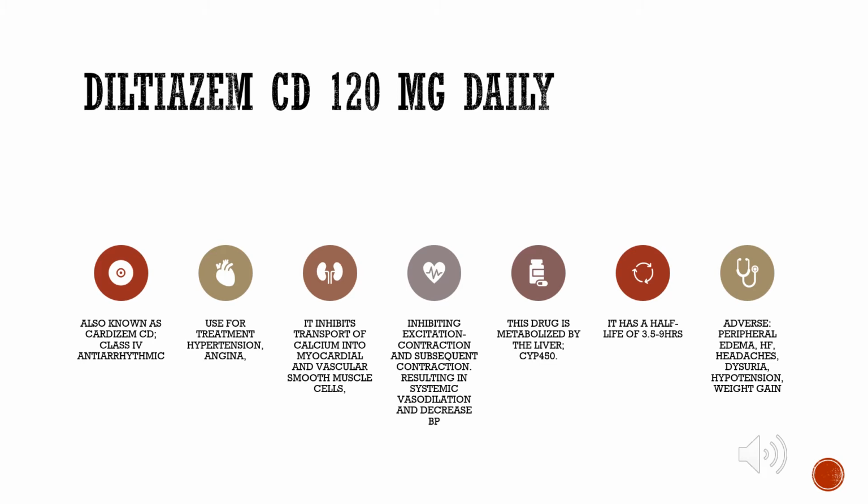The drug is metabolized in the liver by cytochrome P450. It has a half-life of 3.5 to 9 hours. Some of the adverse effects of this drug include peripheral edema, heart failure, headache, dysuria, hypotension, and weight gain.